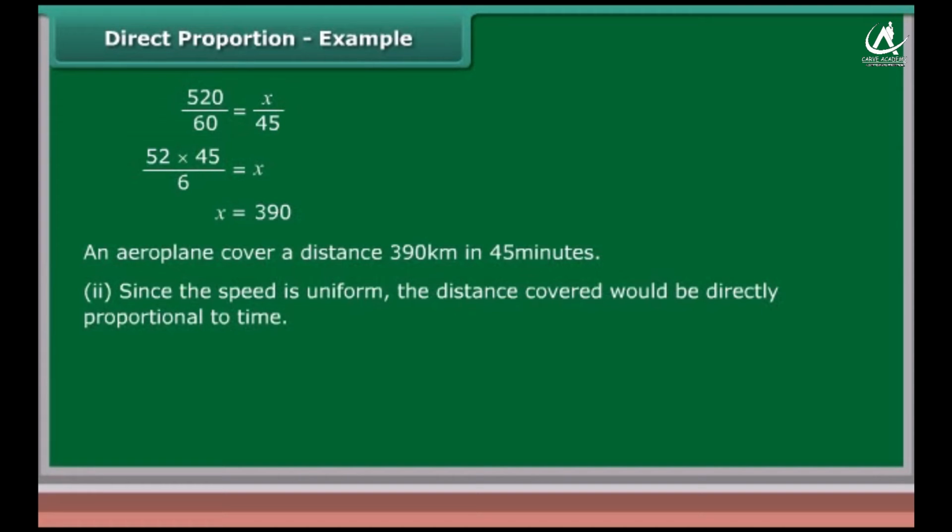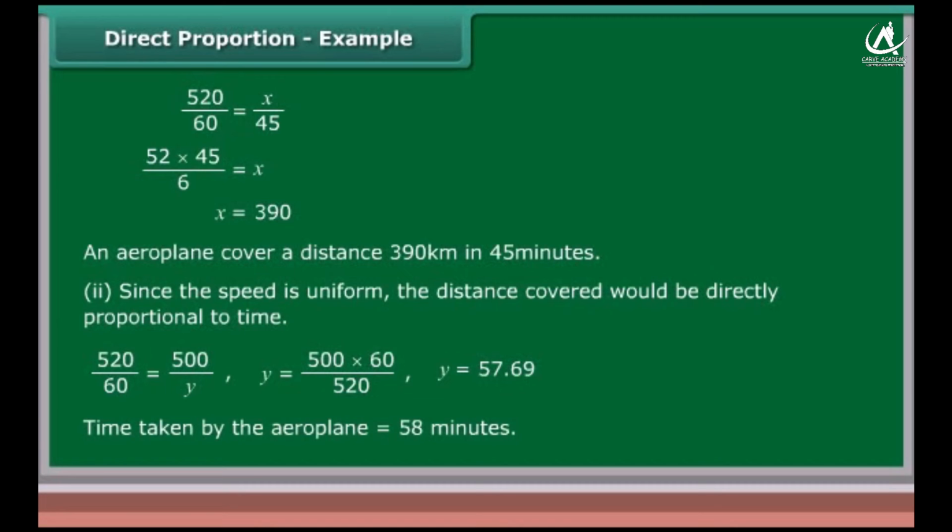Since the speed is uniform, the distance covered would be directly proportional to the time. 520 upon 60 is equal to 500 upon y. So y is equal to 500 into 60 upon 520. Y is equal to 57.69. Time taken by the airplane is approximately 58 minutes.